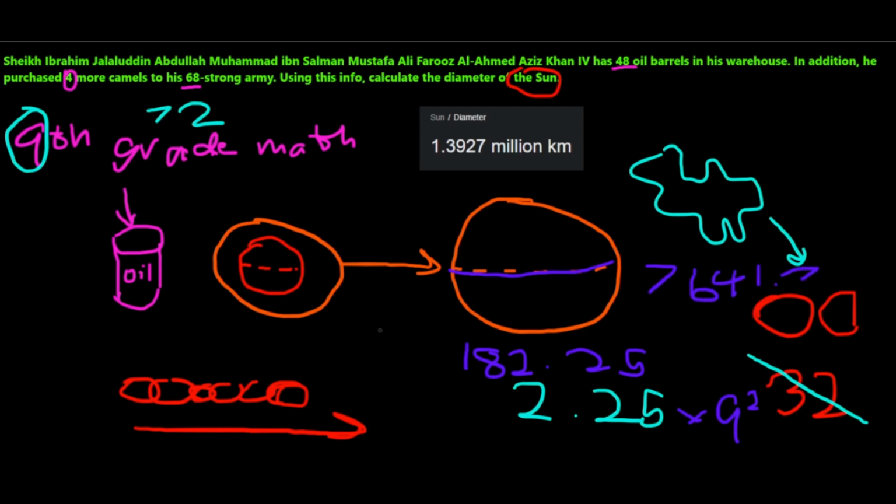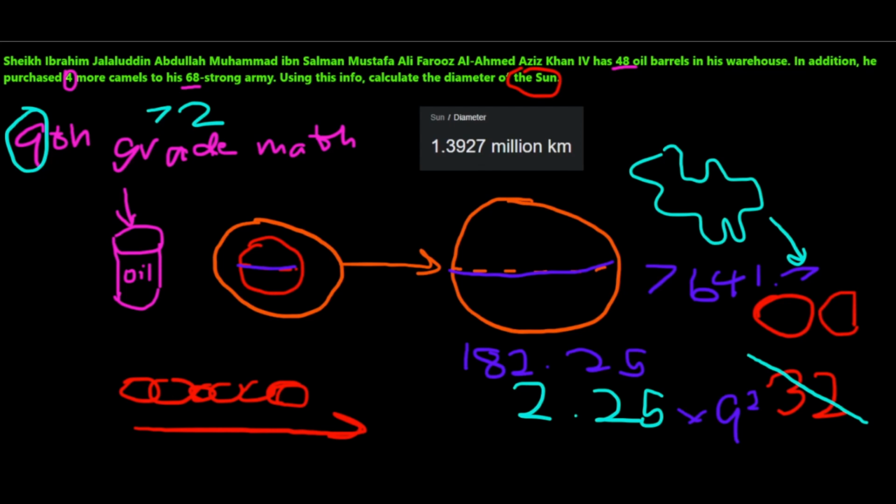Now, if that is the diameter of one single oil barrel, now if we multiply 7641.7, now you're gonna actually have to add a few more decimal places. 006 is the actual value, and you multiply that into 182.25, you get around 1,392,699.